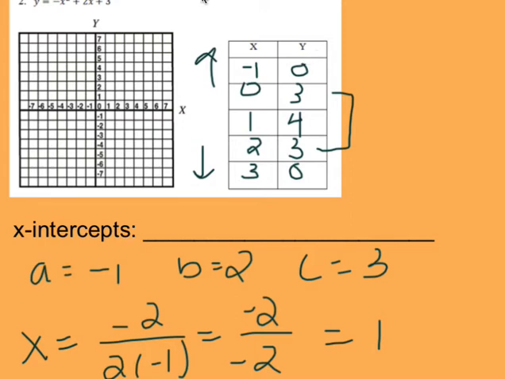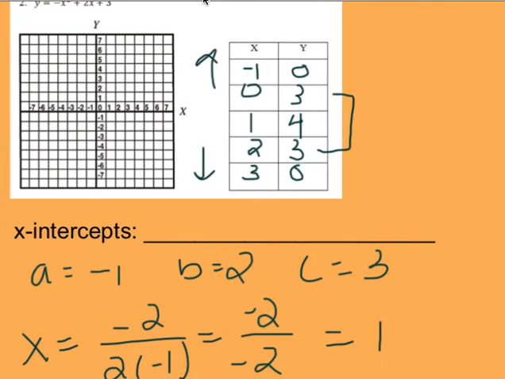So now let's plug in what we know into our graph. Our vertex is over 1, up 4. I'm going to plot that point, and through that point I have my vertical axis of symmetry. Then I'm going over 0, up 3, also over 2, up 3.